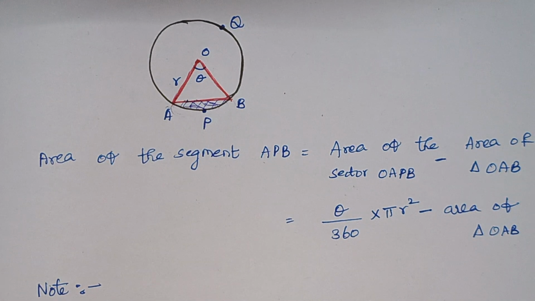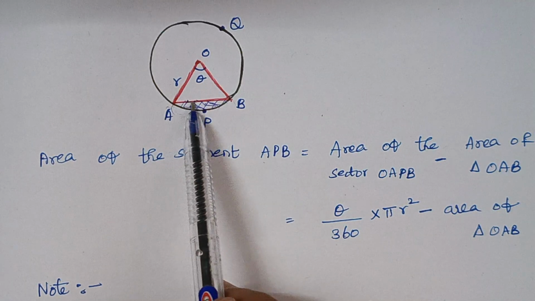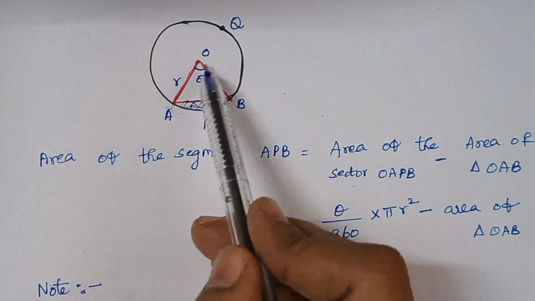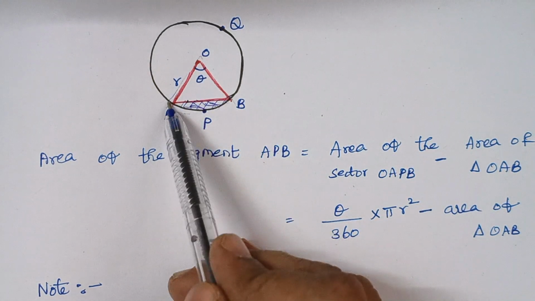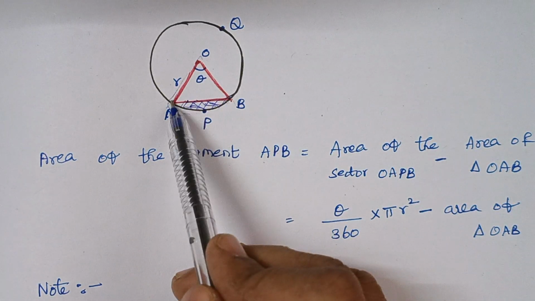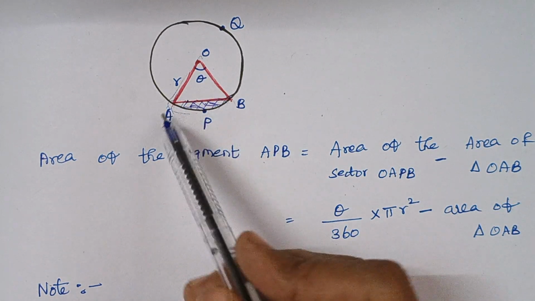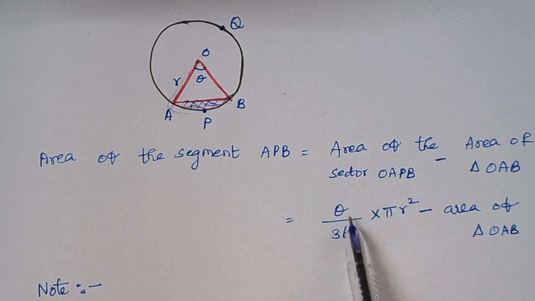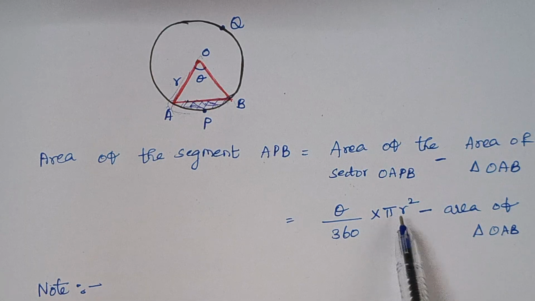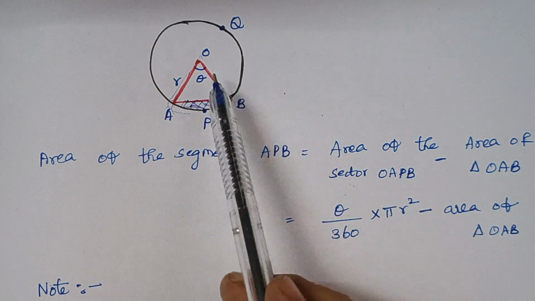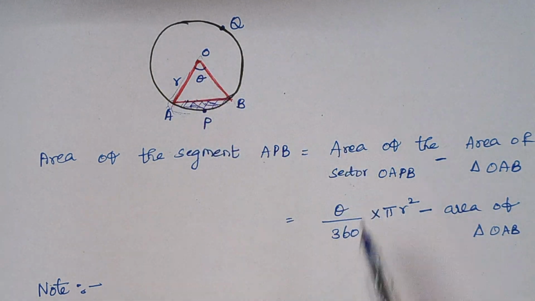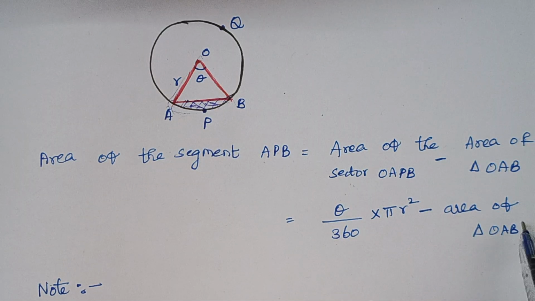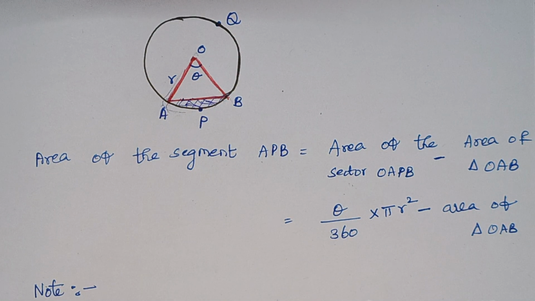I want only this area. Therefore, I am finding this total area and subtracting this part so that I can easily find this value. So the area of the sector is theta by 360 into pi r square, minus the area of the triangle OAB.